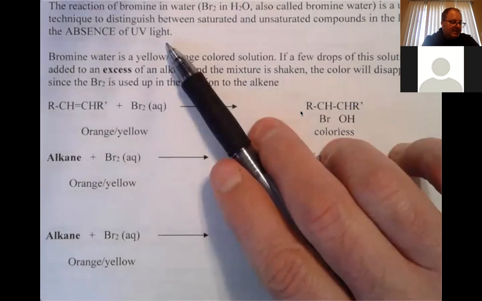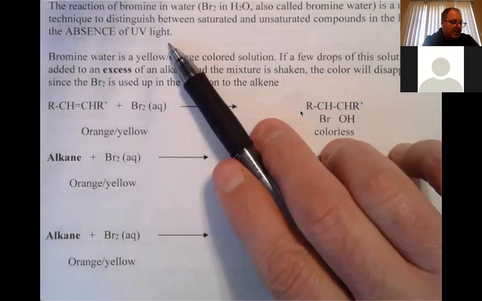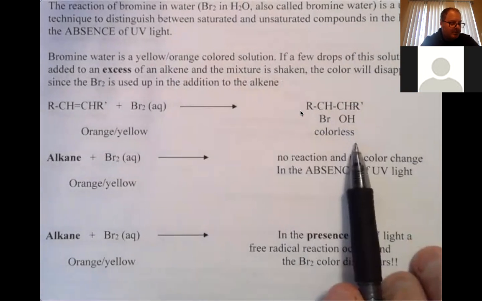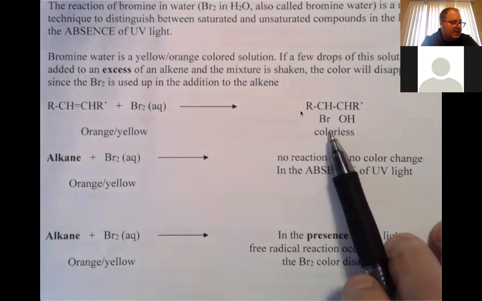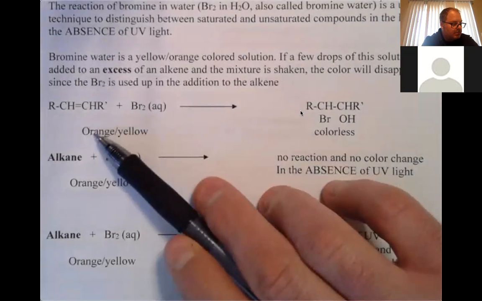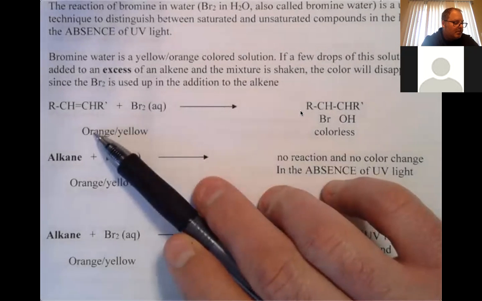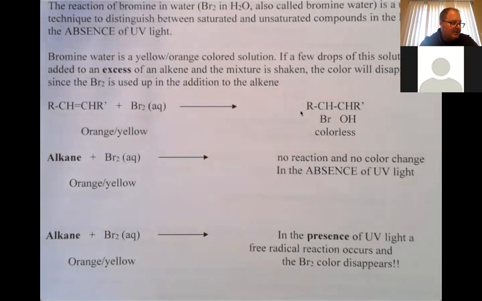If we just let it sit there and it becomes colorless, meaning that all the bromine is being pulled up by whatever chemical it's in, that would tell us that we have an alkene. If there's no UV light, if it's an alkane, it will stay brown or orangish from the bromine.